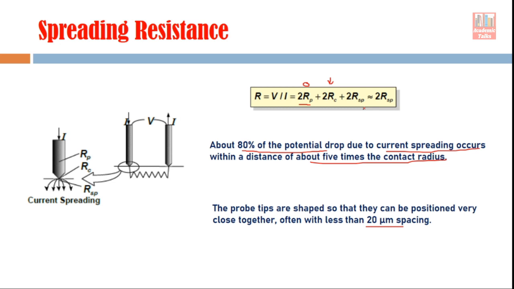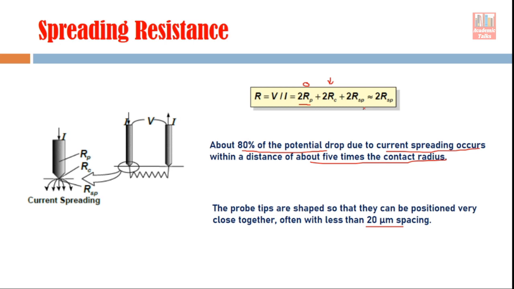And for that also, we have to ensure that the contact resistance becomes very small by choosing a combination of materials in such a way that the barrier height is as small as possible, and the spreading resistance should be made large by choosing a probe diameter or probe radius as small as possible, normally 1 micrometer.